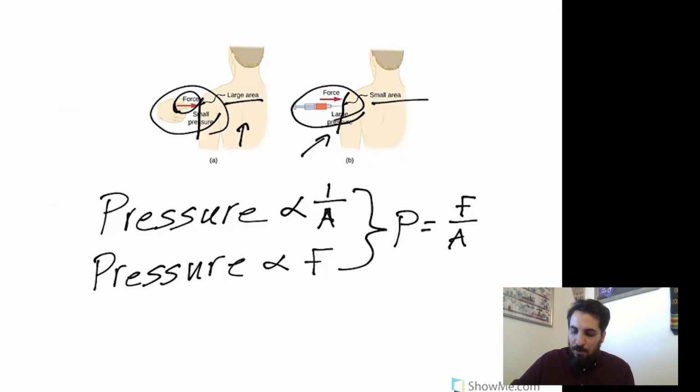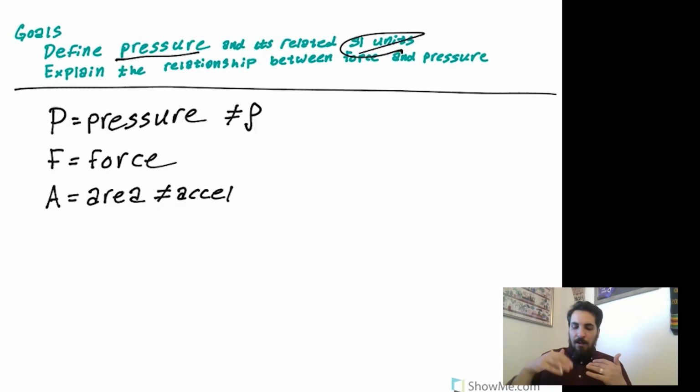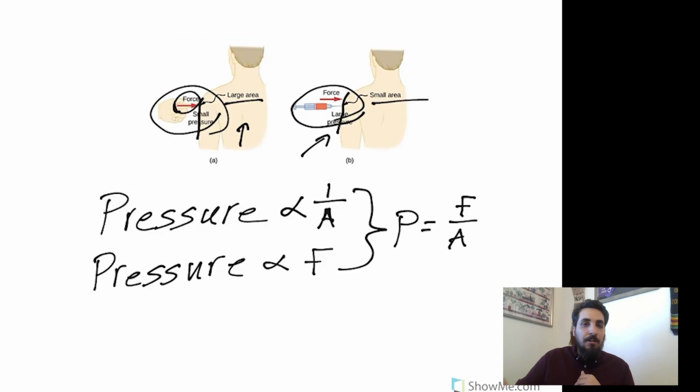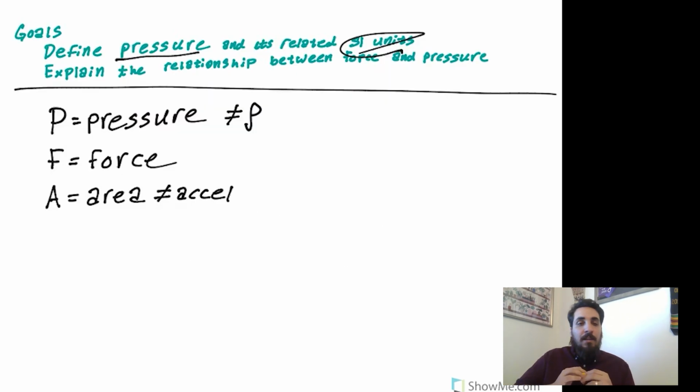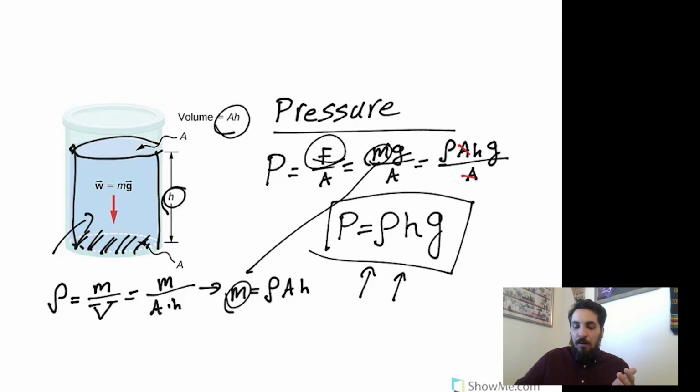All right, so going back to our goals for this video, right? Define pressure. What is pressure? Pressure is the interaction that occurs at a surface of an object, and we can look at that interaction as being, yes, between two solids like our needle and our arm, or we can look at it as a pressure from a fluid acting on a surface.